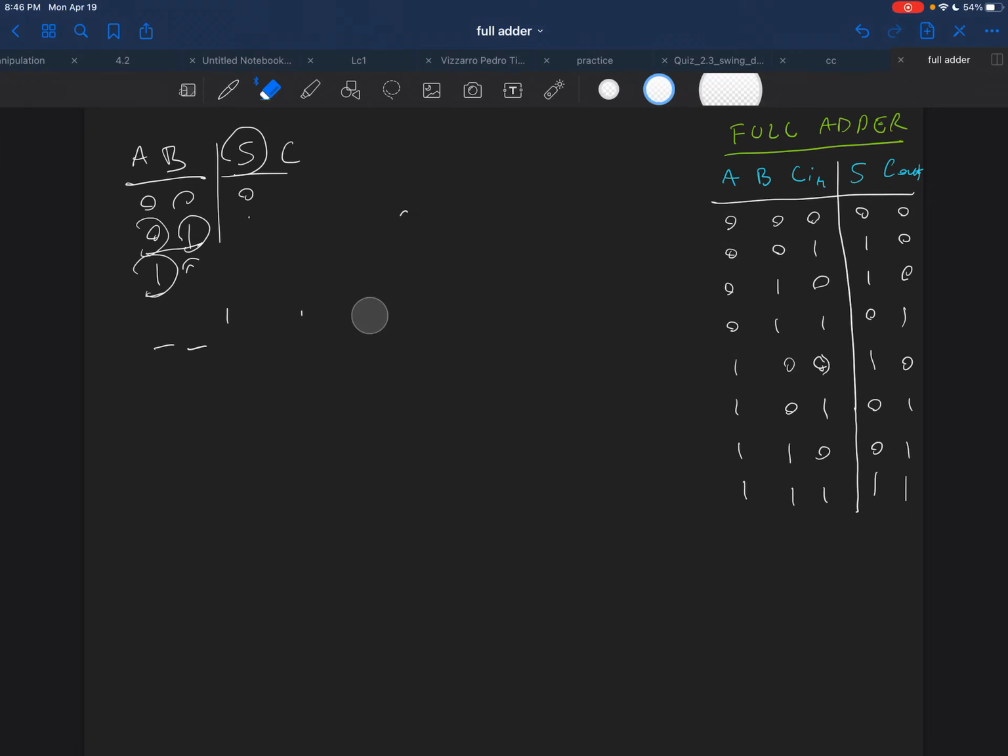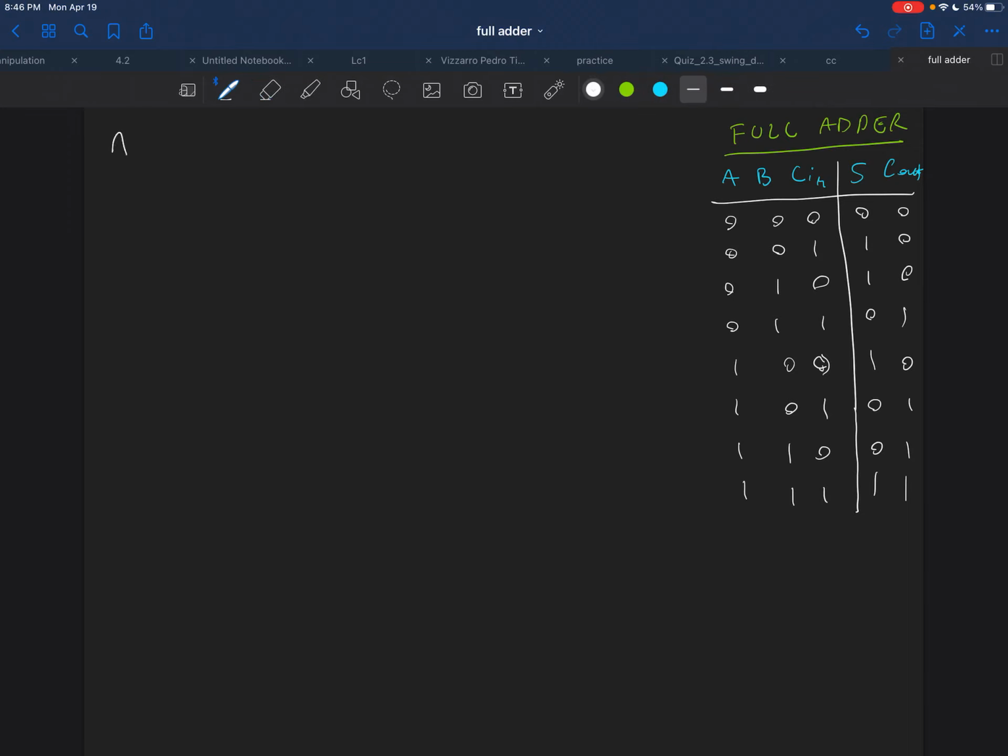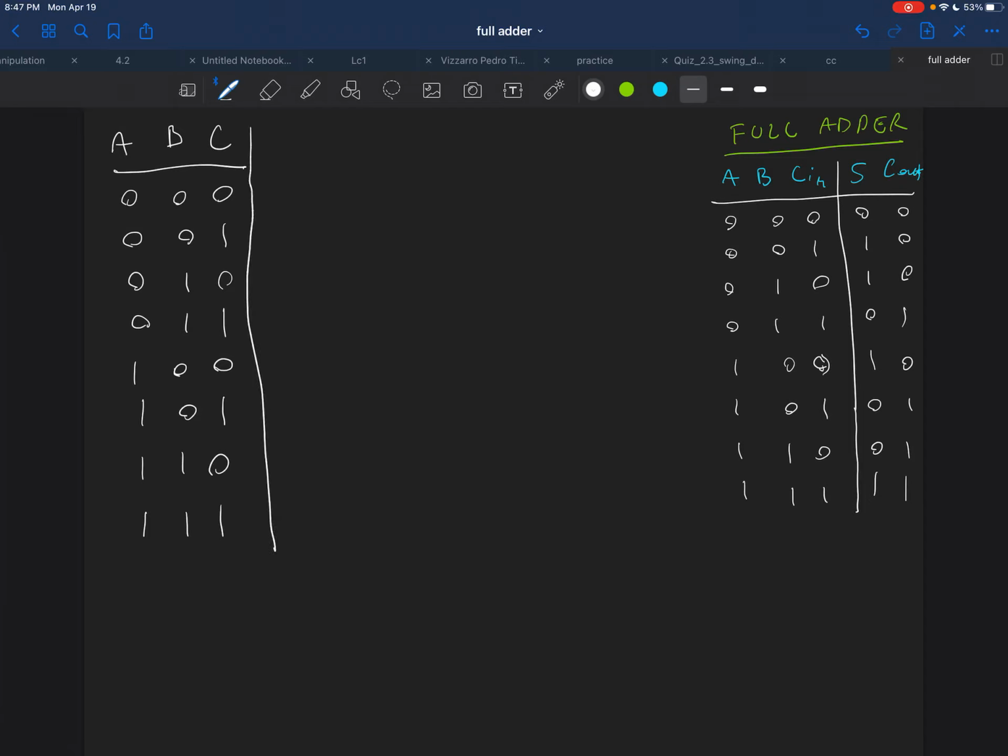Okay, so let's start figuring out the permutations. So let me quickly draw up the binary. Sorry if it's a little sloppy. Okay. Now, what do we combine it with?